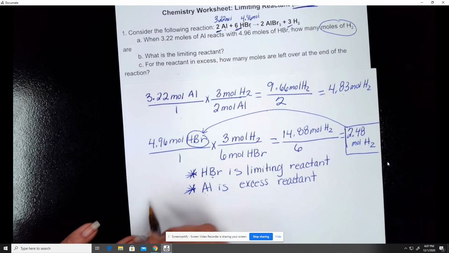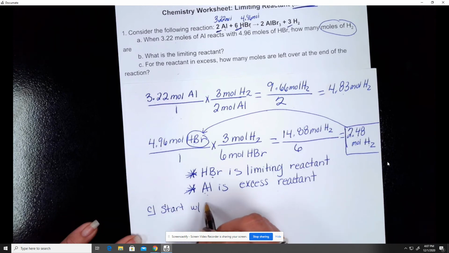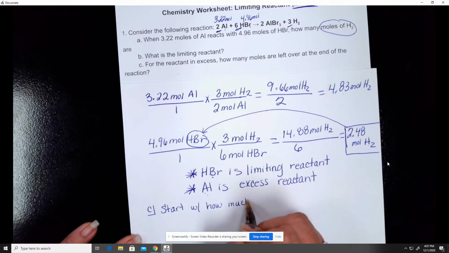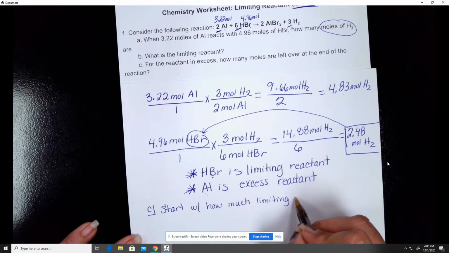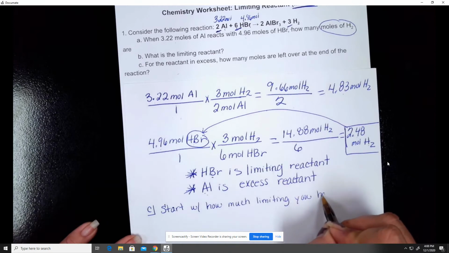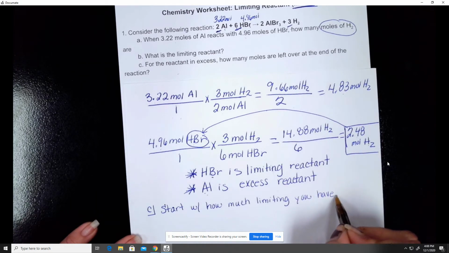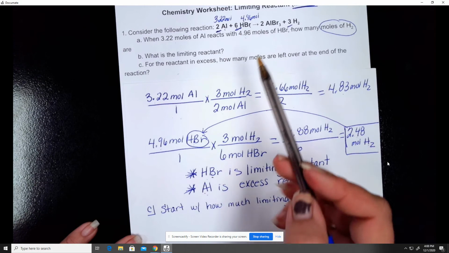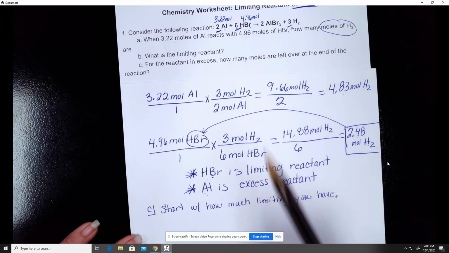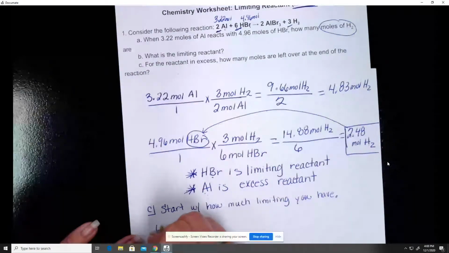So to answer part C, we want to start with how much of our limiting reactant we actually have. Since it's HBr, we have 4.96 moles of HBr. So I'm going to start with that.